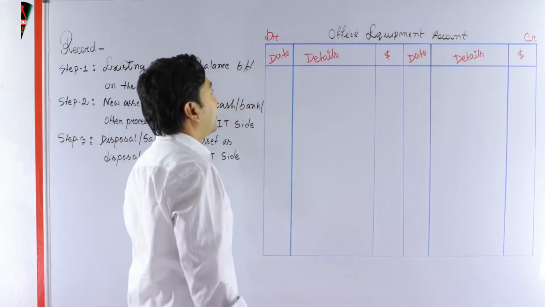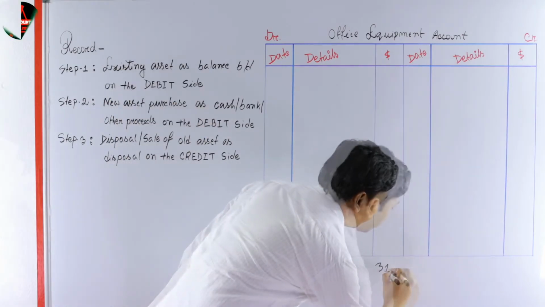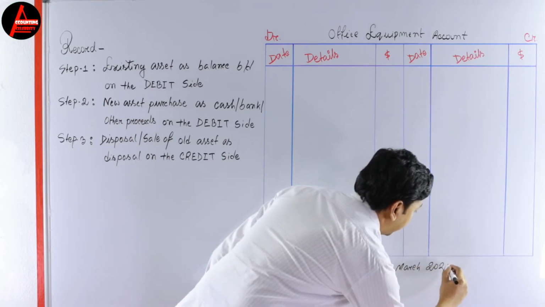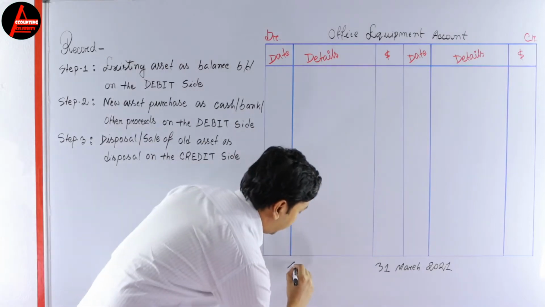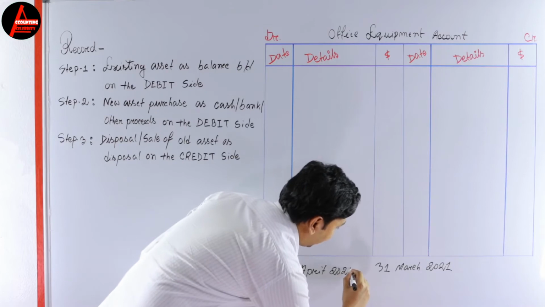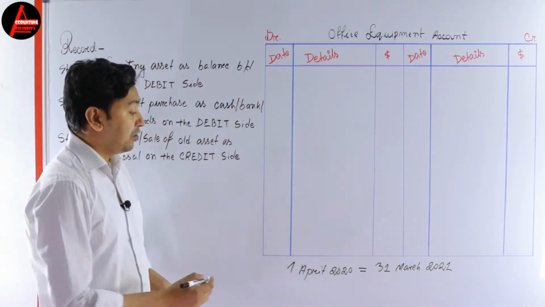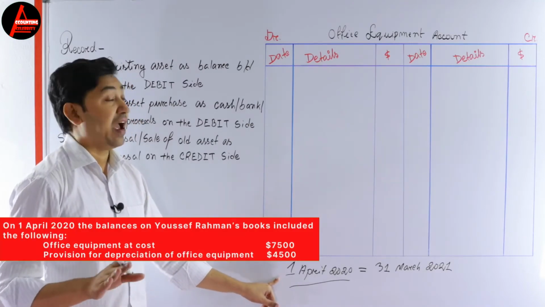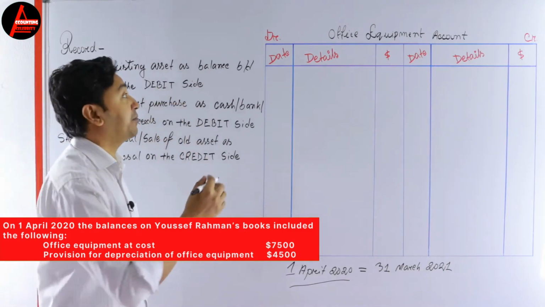In the question the year ends on 31st March 2021. That means the year starts on 1st April 2020. So this is the accounting period. On 1st April 2020 we have office equipment at cost, so it is the opening balance. We will record it as a balance b/d.